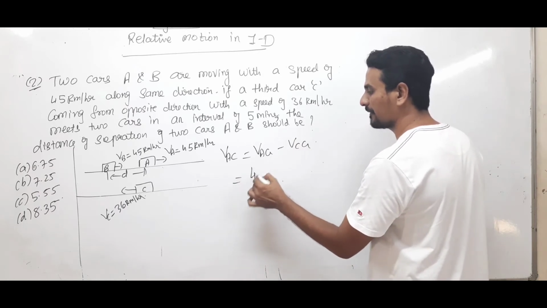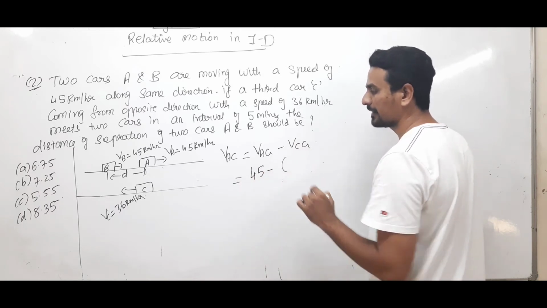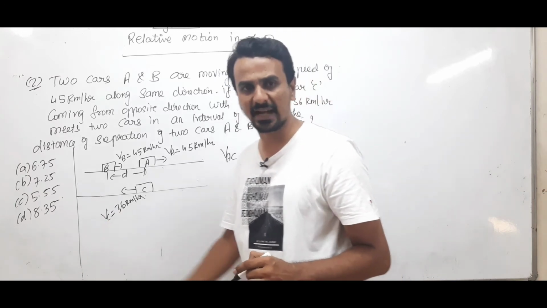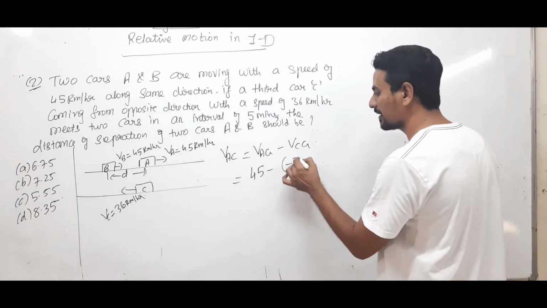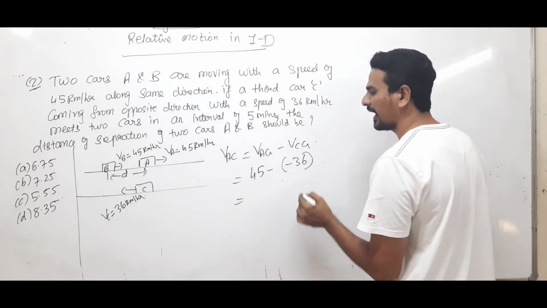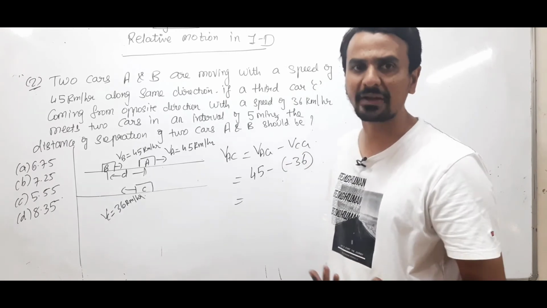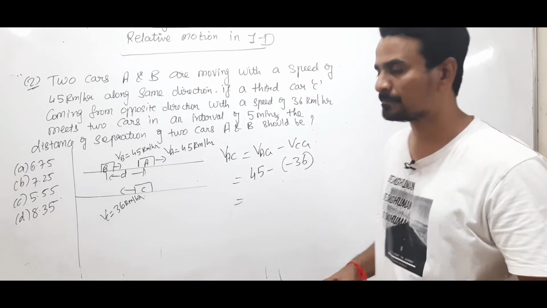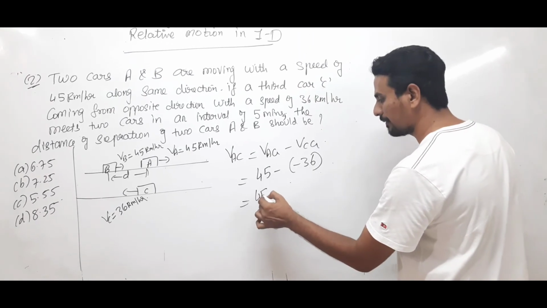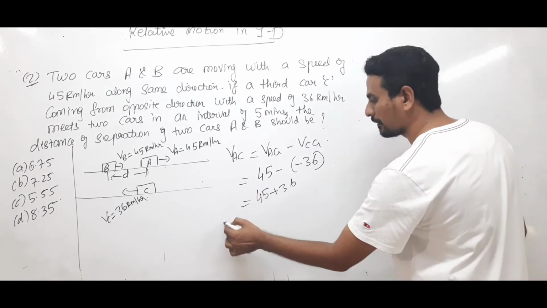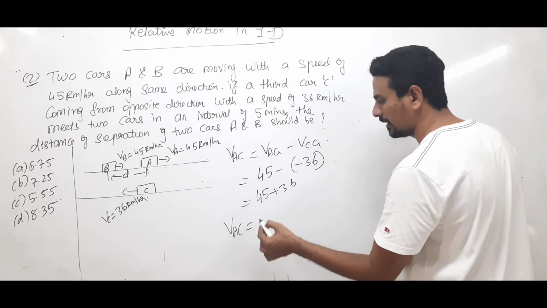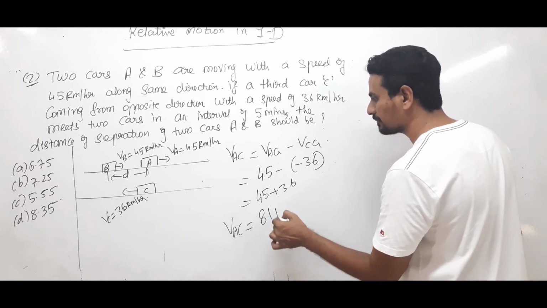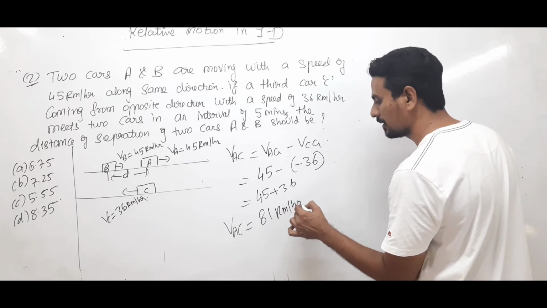Velocity of A is 45 minus, since car C is moving in opposite direction, its velocity will be negative. When two cars are moving in opposite direction, their relative velocities will always be added up. So this will be 45 plus 36, so velocity of car A relative to C will be 81 kilometer per hour.